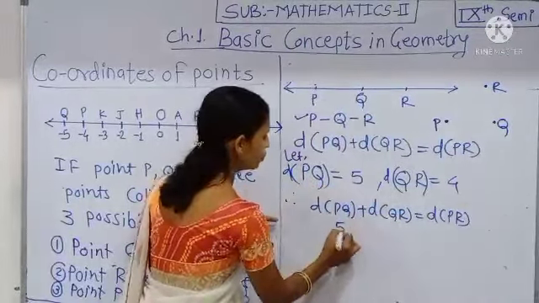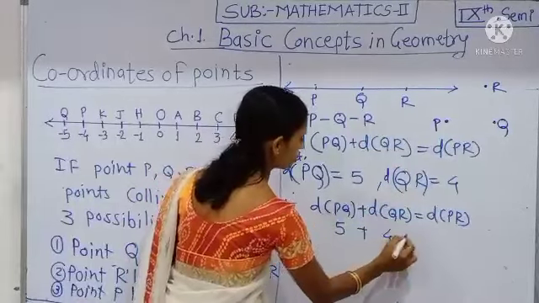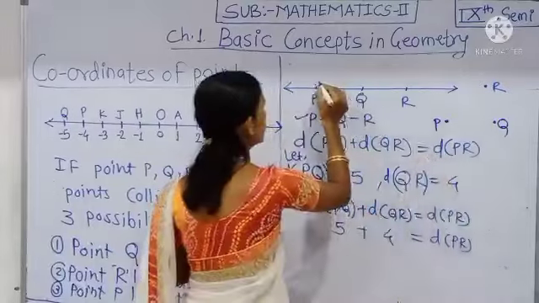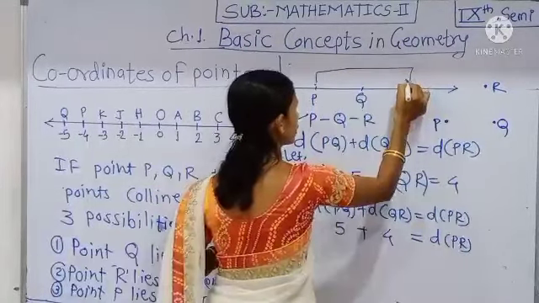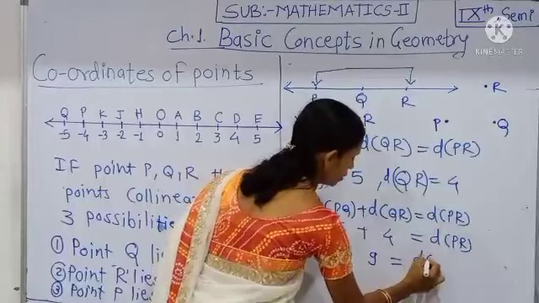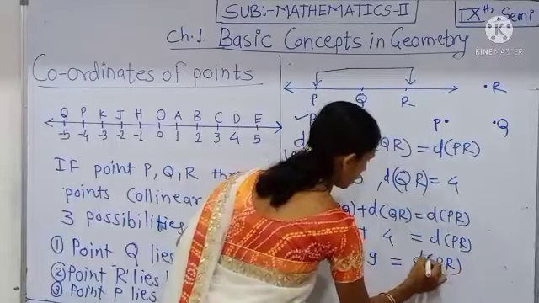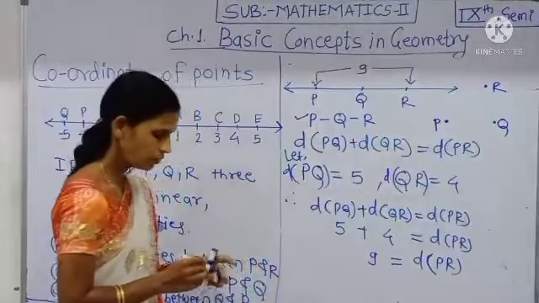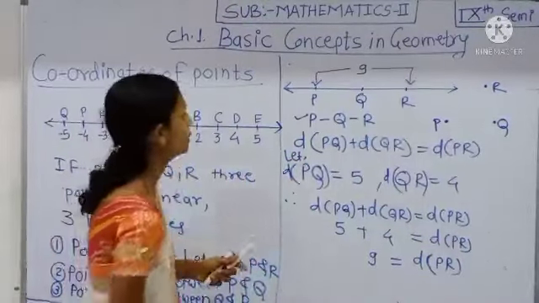Here PQ is 5 plus QR is 4, so dPR is 5 plus 4, that is 9. The distance between P and R is 9.